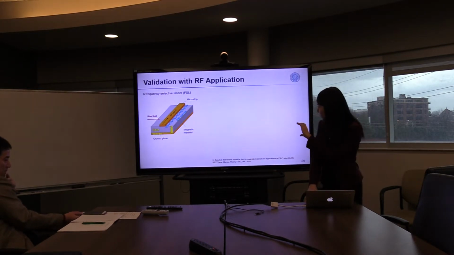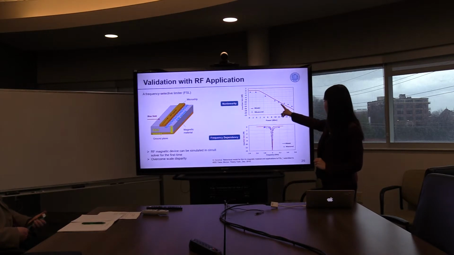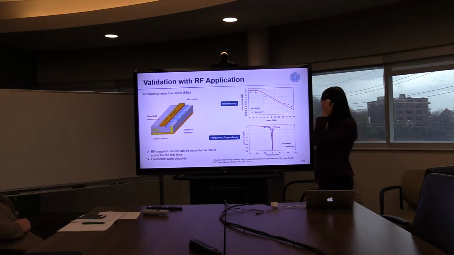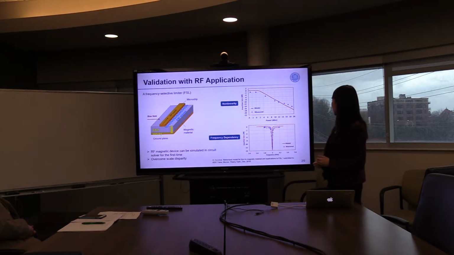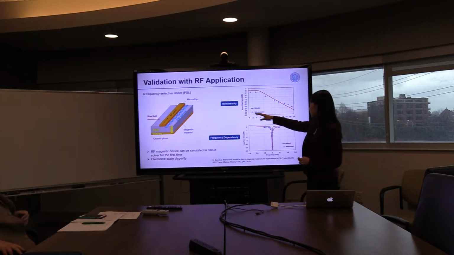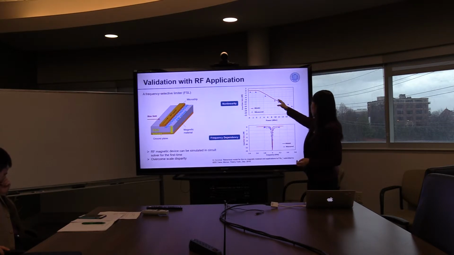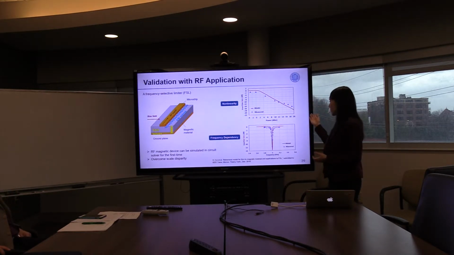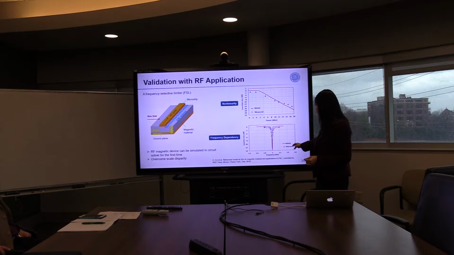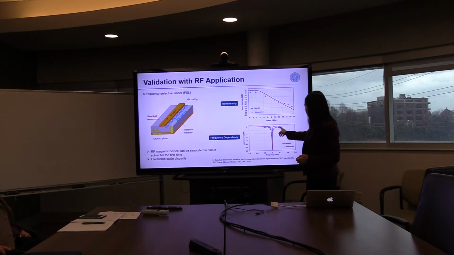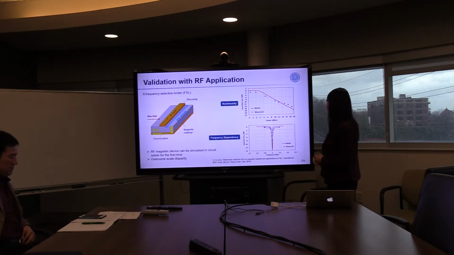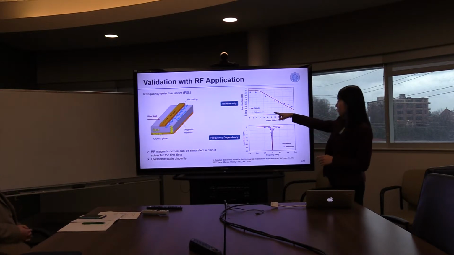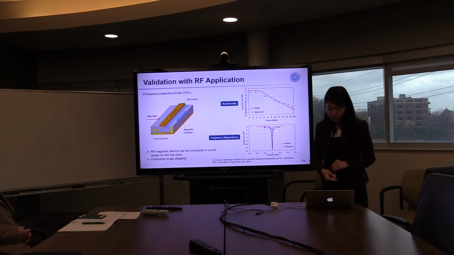This coupling between these two gives us the nonlinearity and the frequency-dependent behavior. Our model, compared to the measured results on a real device, successfully predicts the nonlinearity. For example, when the input power increases, it shows a larger attenuation of the input power, and it also has a strong resonance at a certain frequency because of the self-resonance of the magnetic material.